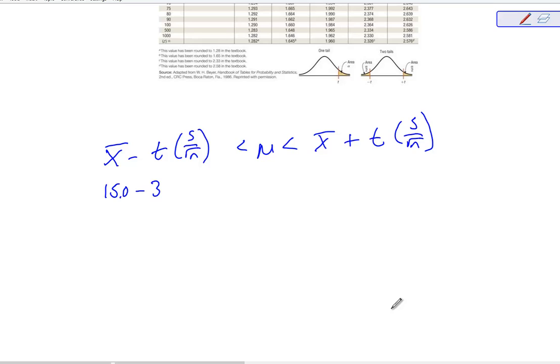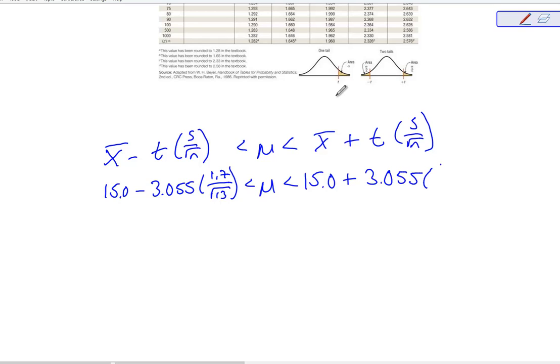The t that we just found was 3.055. Our standard deviation was 1.7, and we had a sample size of 13. And I'm going to fill in over here. The only difference is that I put a plus instead of a minus. Times 1.7 divided by the square root of 13.